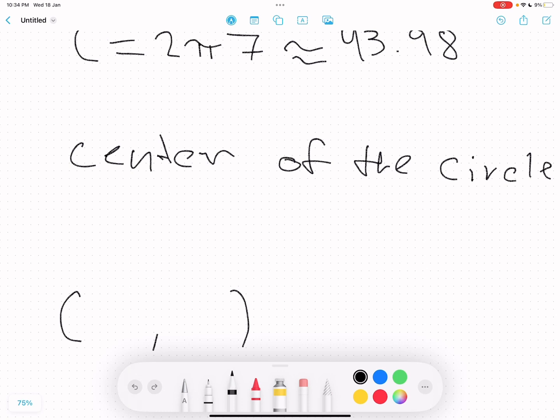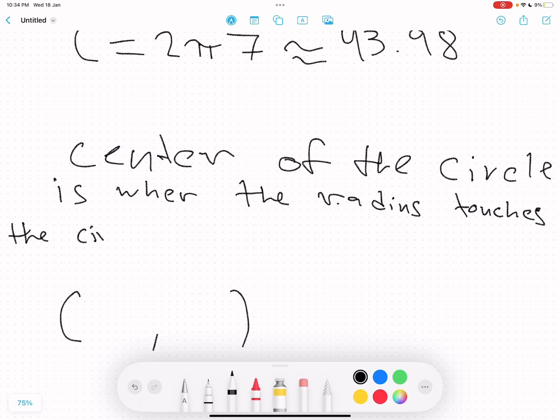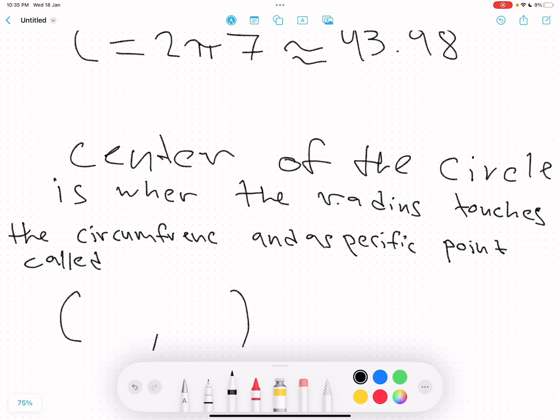Now the center of the circle is where the radius touches the circumference and a specific point, called the center of the circle.